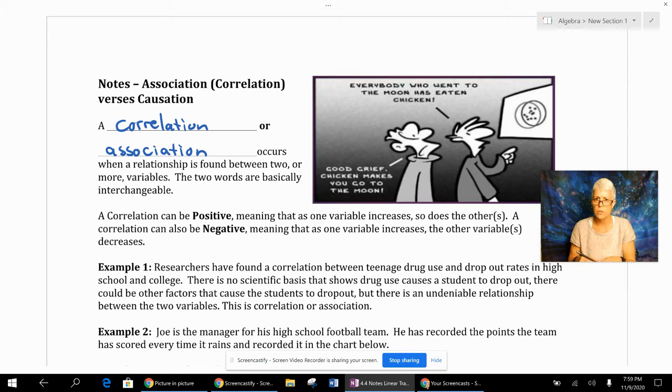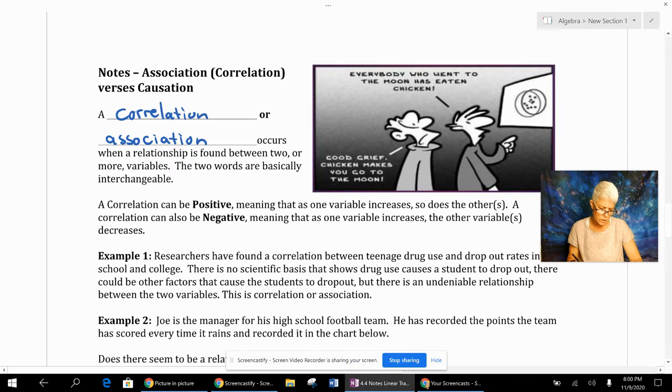Same with sports. There's naturally gifted people. They don't have to practice that much and they can still be on an A team, where there's other people working really, really hard, and they're lucky if they make it on a B or a C team, if a team at all. So that's what we call a correlation or association. Yeah, there is a tie-in, but we can't say that the one causes the other.